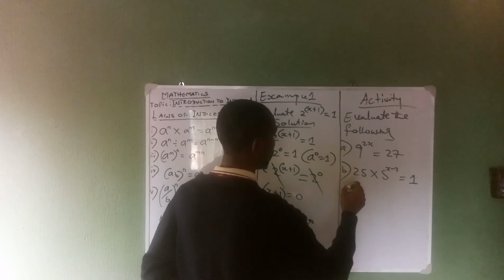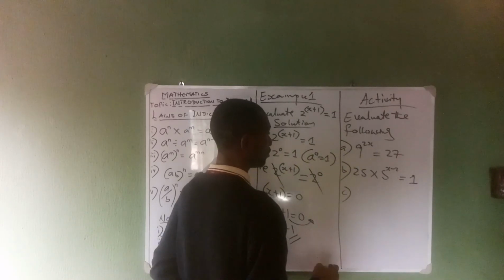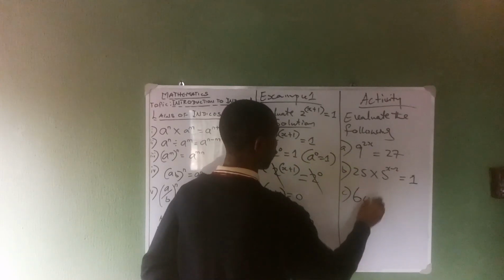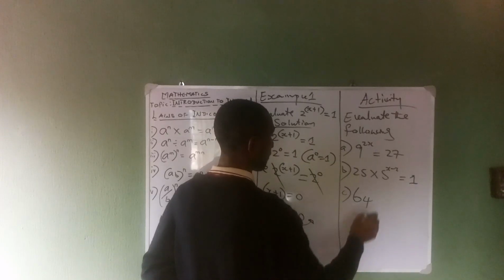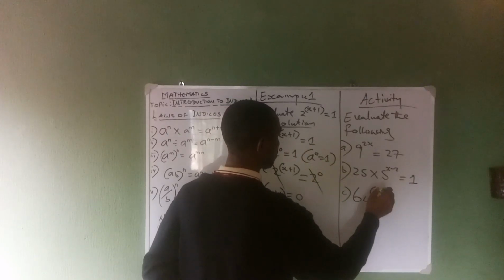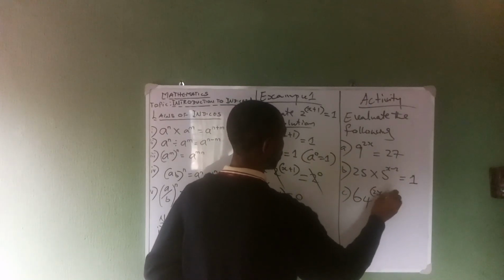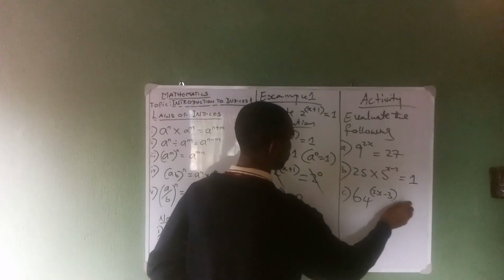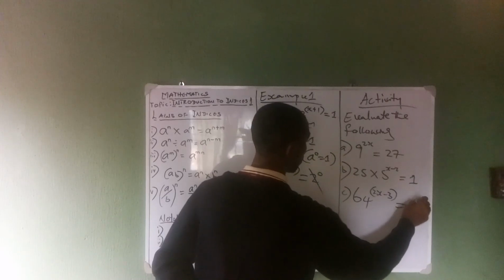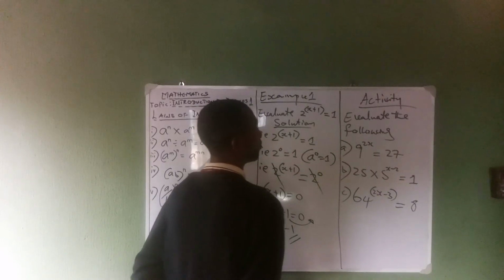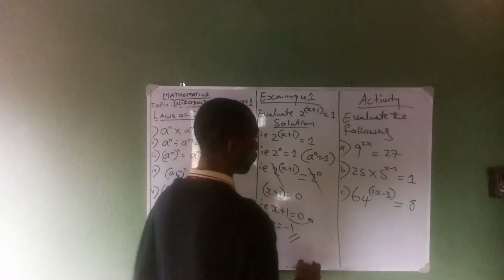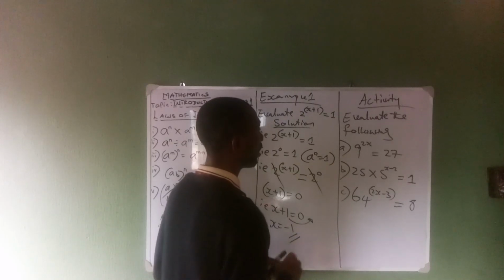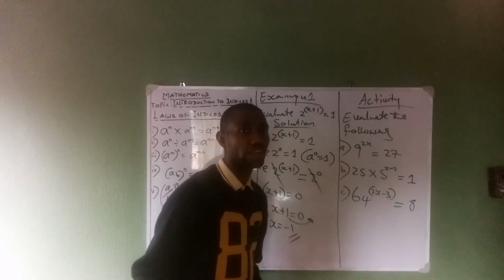Then we have C: 64^(2x−3) = 8. So you have to find the value of x in this very activity.